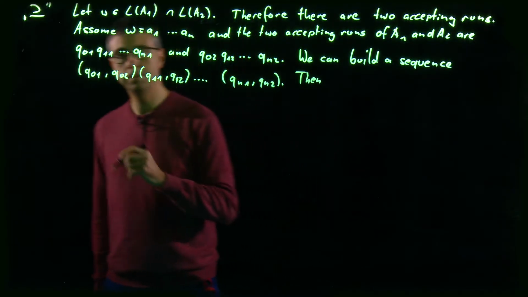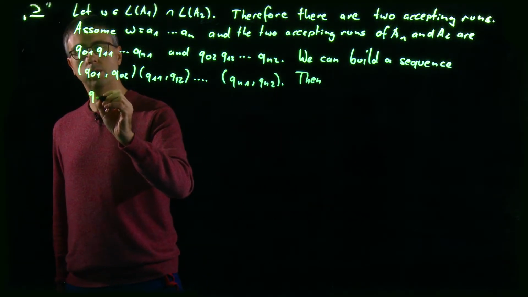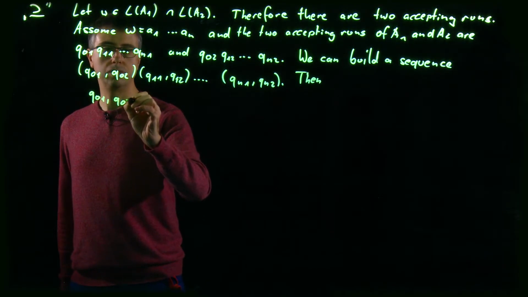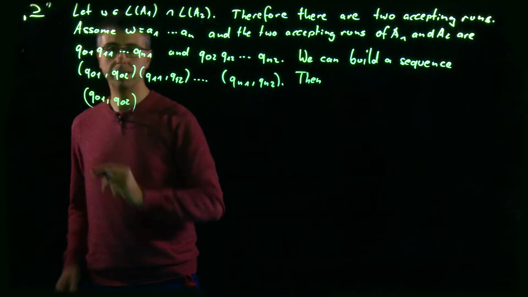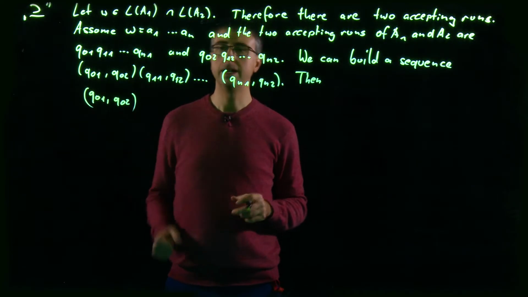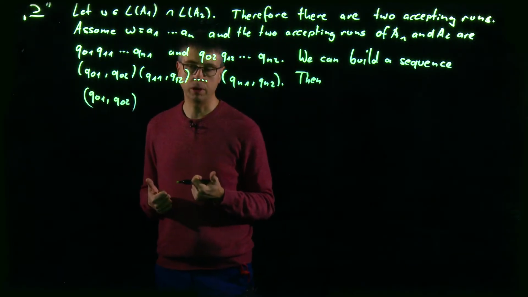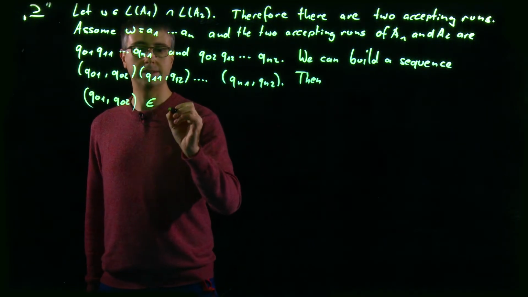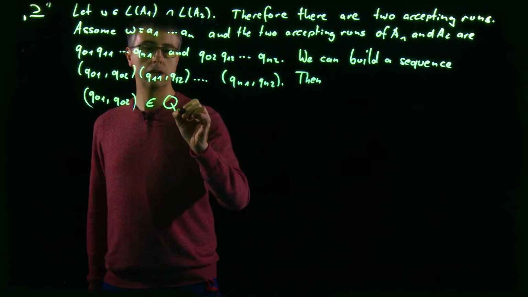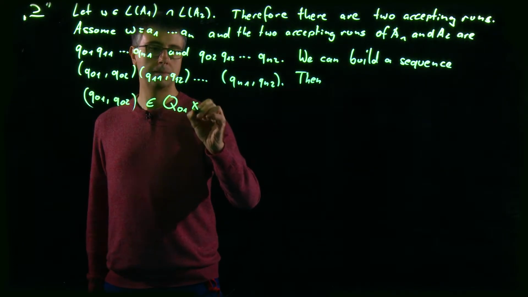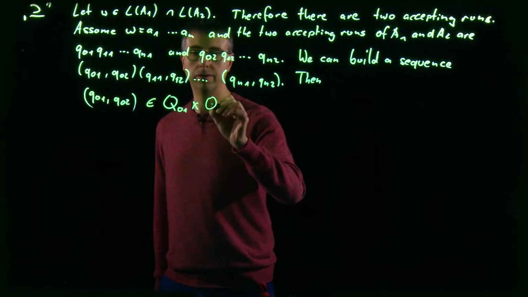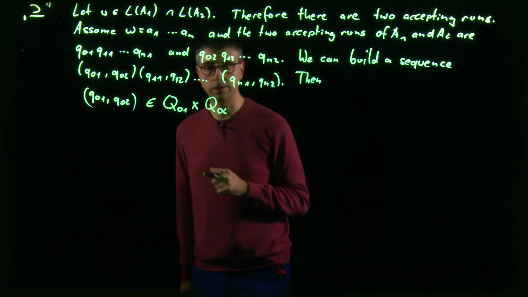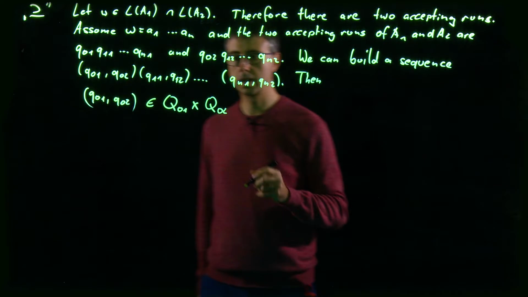And we know that then (q_0^1, q_0^2), so the initial state here, is a state in the product automaton, and it's actually an initial state. This one is in the Cartesian product of I1 and I2, the sets of the two initial states of A1 and A2.